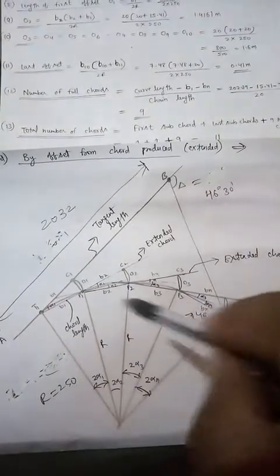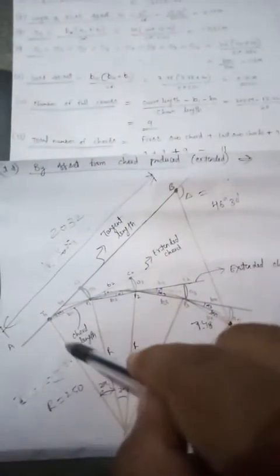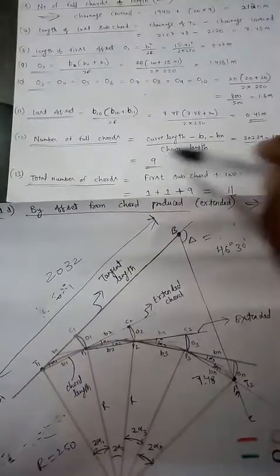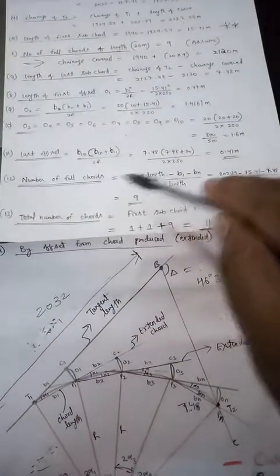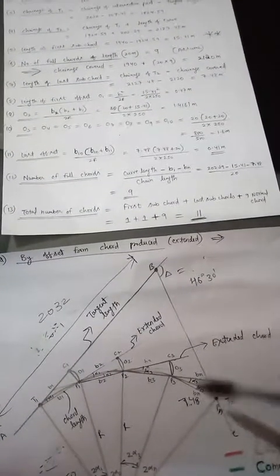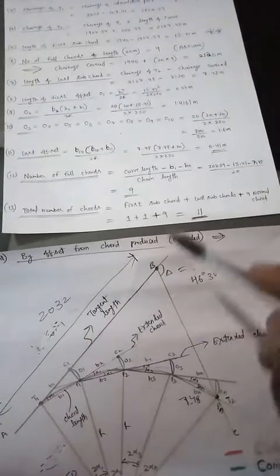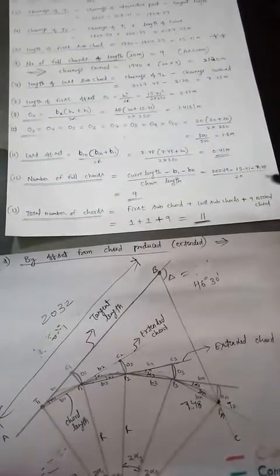In this problem we are using 9. First we remove the initial subchord and final subchord, and after that we get 9 full chords. Next, the total number of chords equals the initial subchord plus the last subchord plus the intermediate normal chords. Finally we will get 1 plus 1 plus 9, the total number of chords.